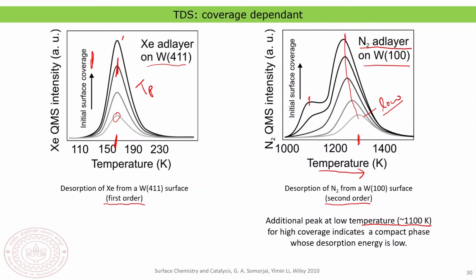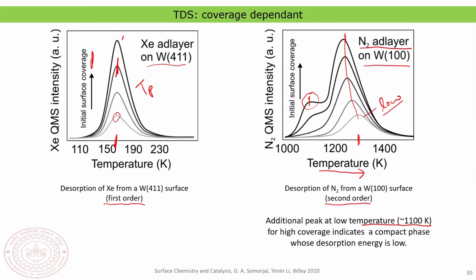But what this particular case is indicating is that you have not just one type of ad layer packing, but different types. Particularly at higher coverages, you notice that there is an additional type of packing, and that is the reason why you have this additional peak.